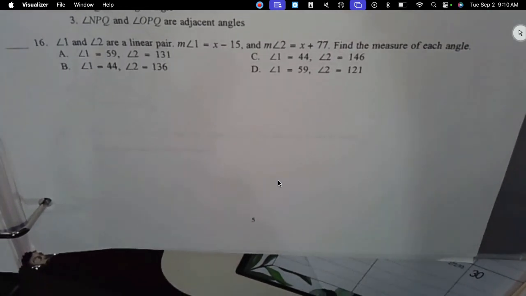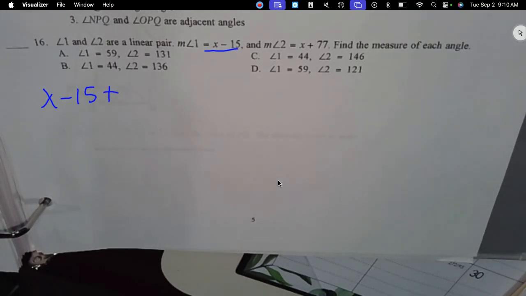It says, these two angles are a linear pair. What does it mean if they are a linear pair? They add to 180. So I'm going to take the first angle plus the second angle, and it equals 180. So I've got, what's my first angle say? X minus 15. What's my second angle? X plus 77.